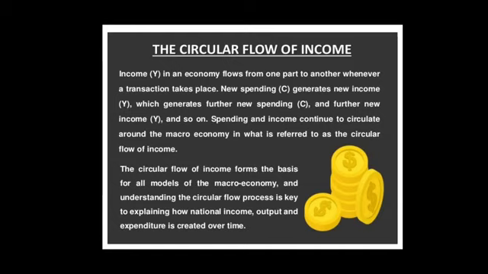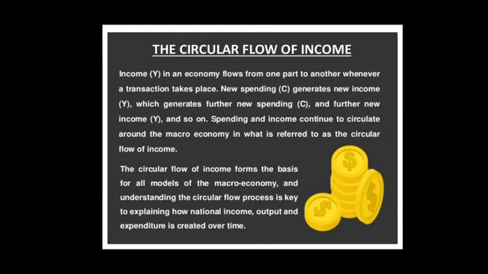So in phase second, there is generation of income, or we can say distribution of income. The income generated during the process of production and distributed among factors of production is then being spent on the purchase of final goods and services produced by the producing sector in phase first.